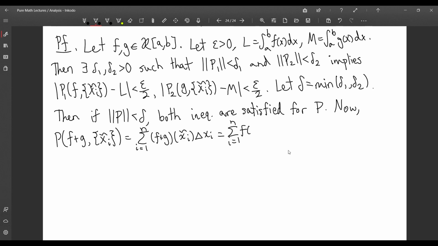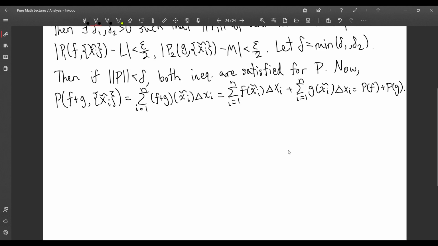This should be fairly straightforward. But just to illustrate, the Riemann sum of f plus g is in fact equal to the Riemann sum of f plus the Riemann sum of g. And of course we're using the same partition here.